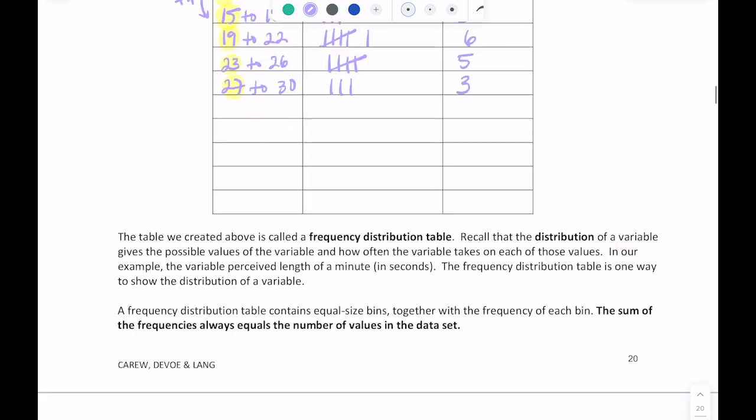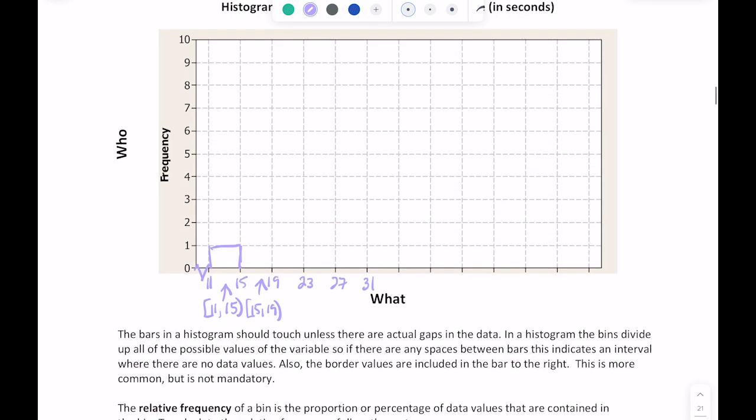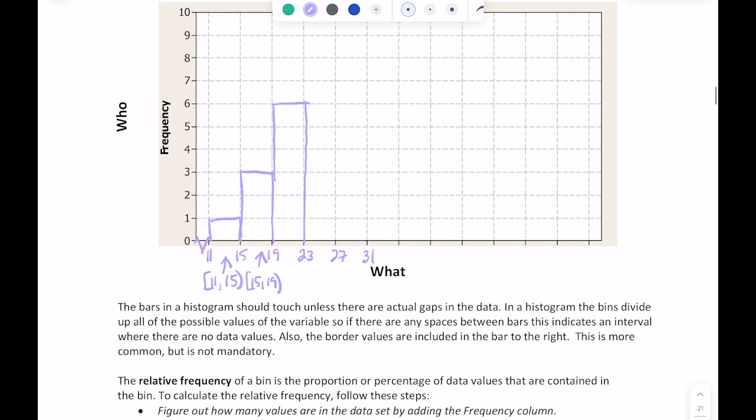In the second bin, it goes up to 3. In the third bin, it goes up to 6. In the fourth bin, it goes up to 5. And then we have 3 again. And that's your histogram.